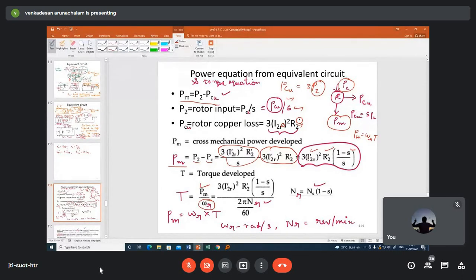PM already we have as 3 I2 dash the whole square R2 dash (1 minus S) by S. And omega R I can write in terms of revolutions per minute as 2 pi NR by 60. And you substitute NR as Ns into (1 minus S). So this is the torque and power equation in terms of equivalent circuit parameters.